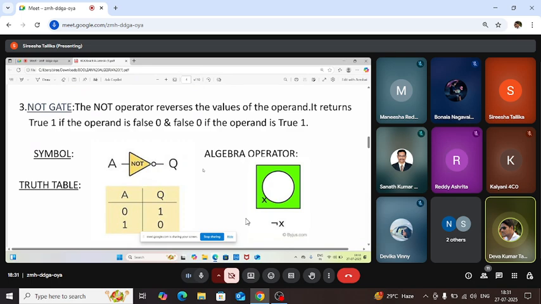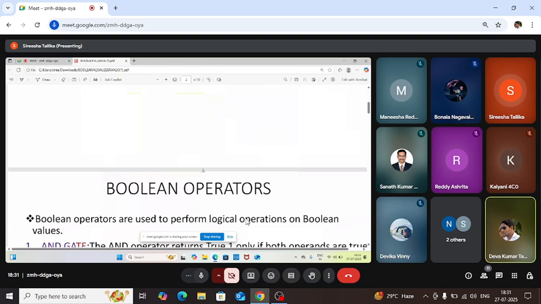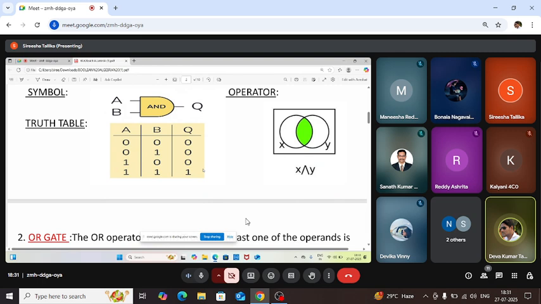And there is a rising arrow and a falling arrow symbol: rising arrow is NAND operation, falling arrow is NOR operation. I suggest everyone practice those terminologies and Venn diagrams.